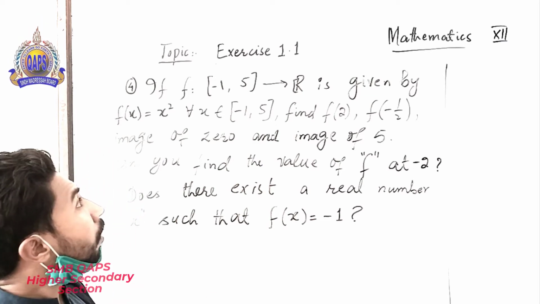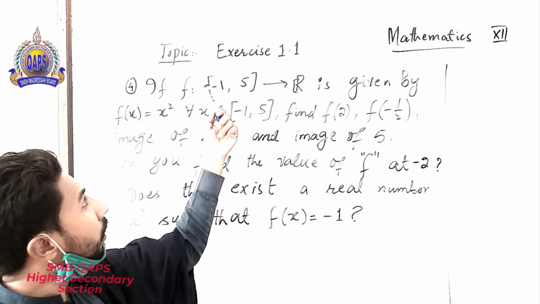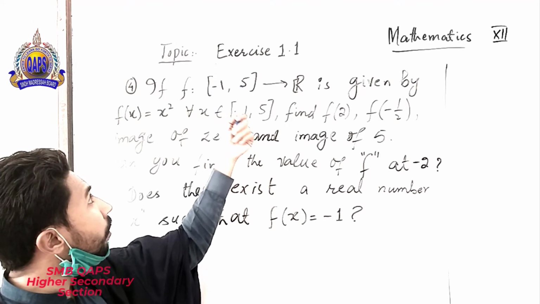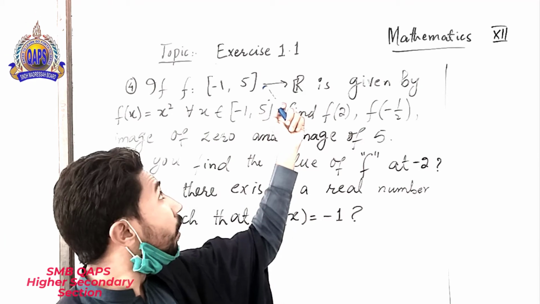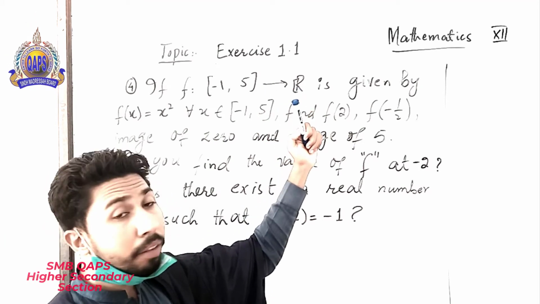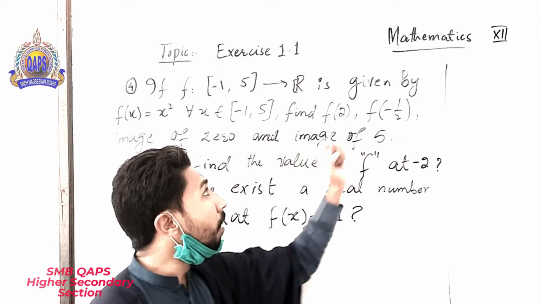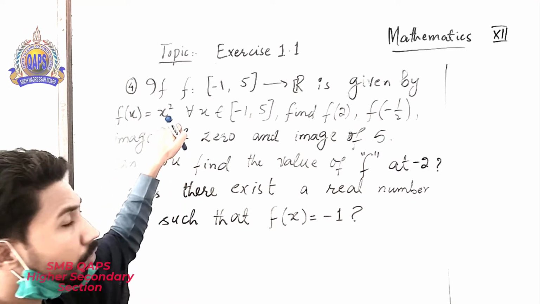So here the function represents the closed interval from -1 to 5, and its outcome in the real numbers is given by f of x equals x squared.